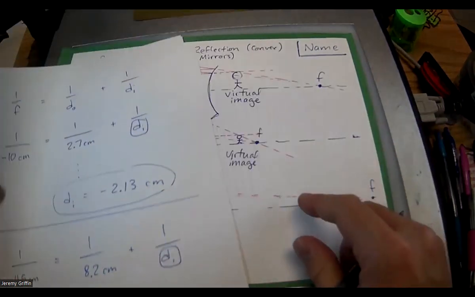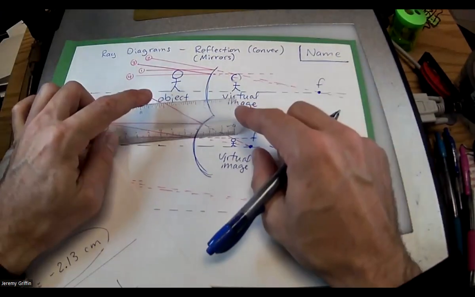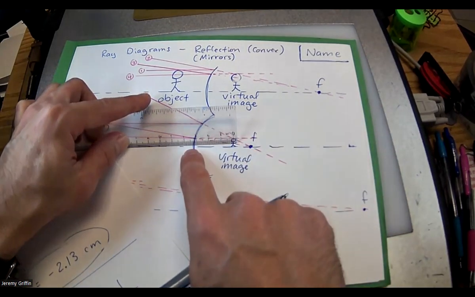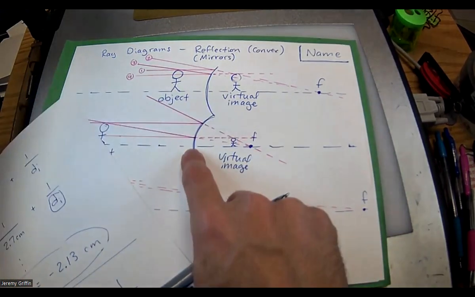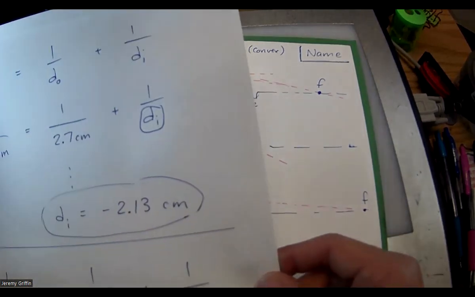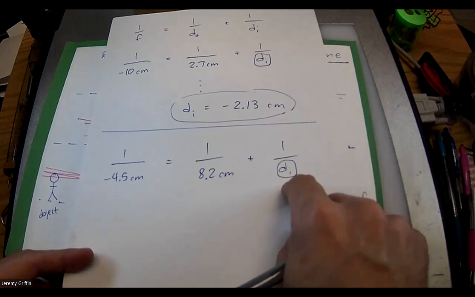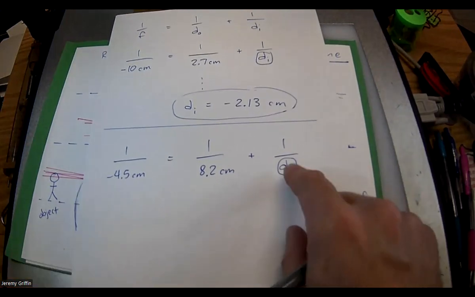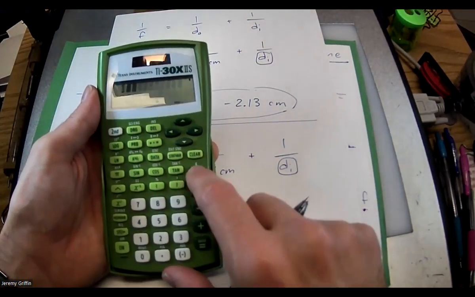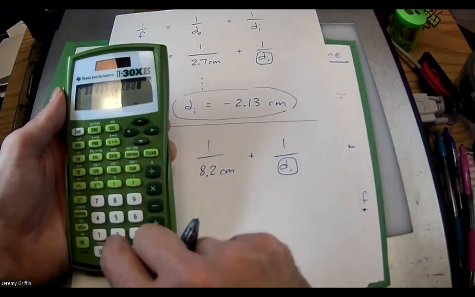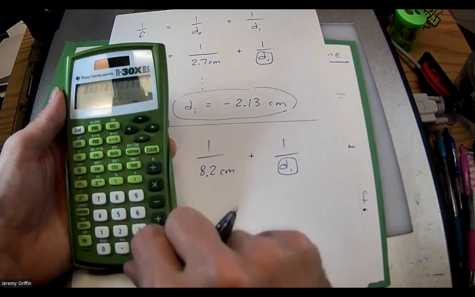Okay. So we'll solve for that. Let me see what it should be. According to my graphical answer, it's a little over 3. Maybe we'll call it 3.2-ish centimeters, and also negative. Let's see if I get something close to -3.2 centimeters for this guy. So 1 over -4.5 minus 1 over 8.2, then take the reciprocal.